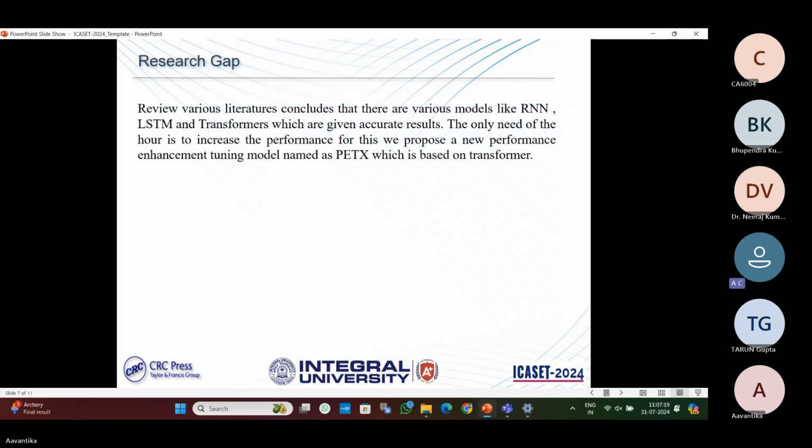Reviewing various literature, we conclude that there are various models like RNN, LSTM, and transformer which give accurate results. The only need of the hour is to increase the performance. For this, we propose a new performance enhanced tuning model named PETX, which is based on transformer.